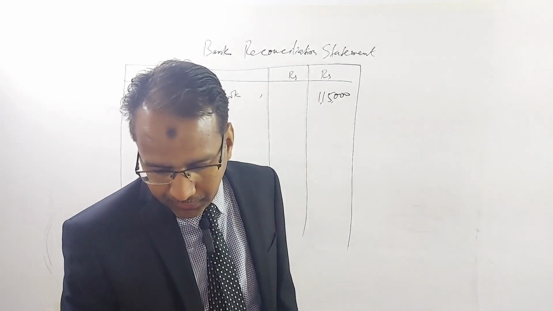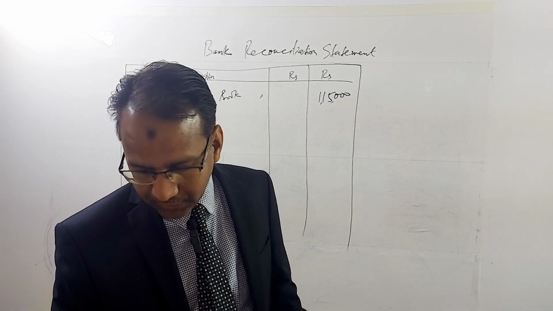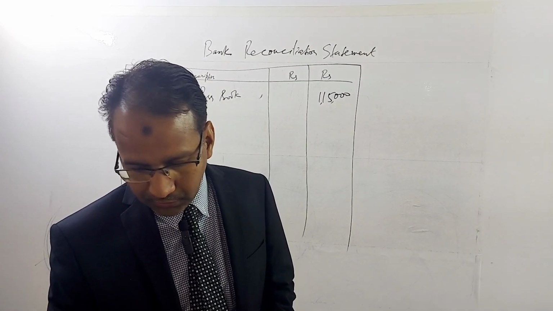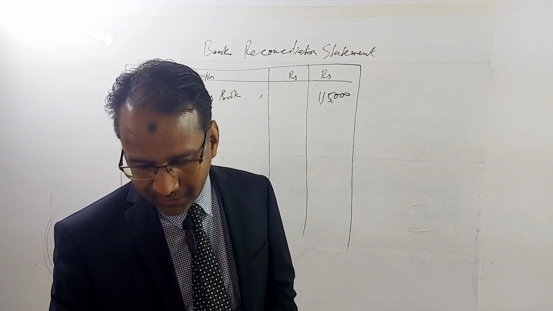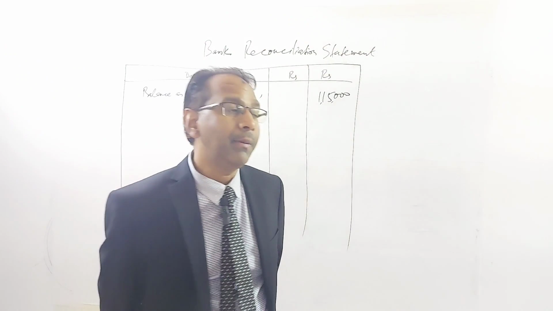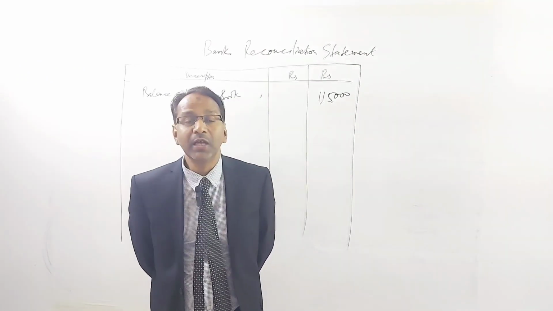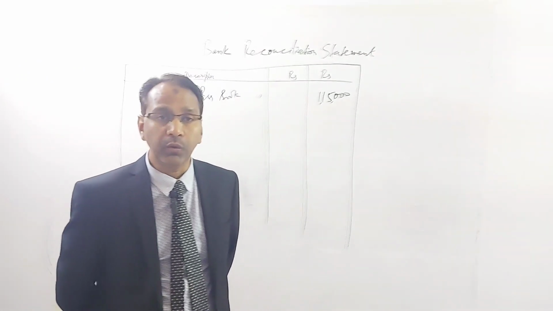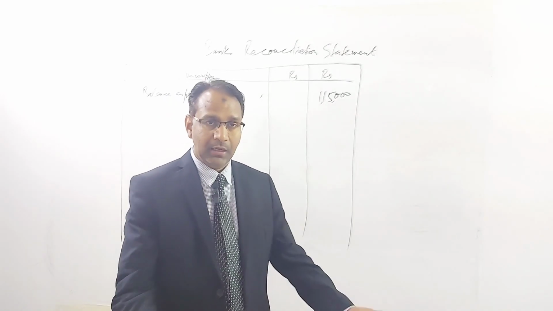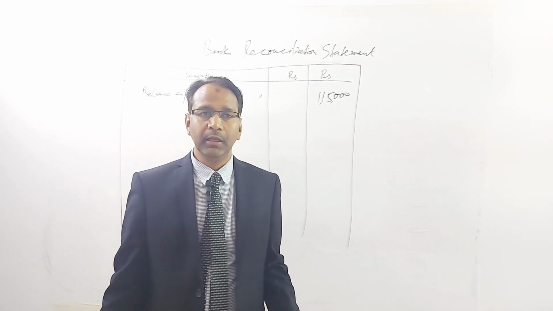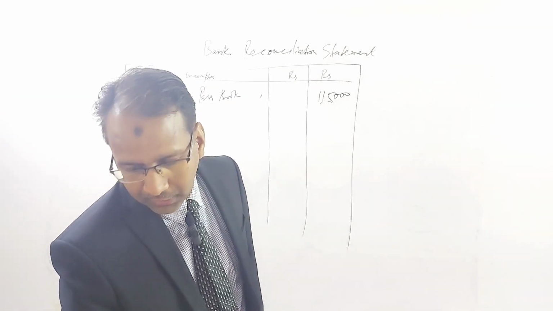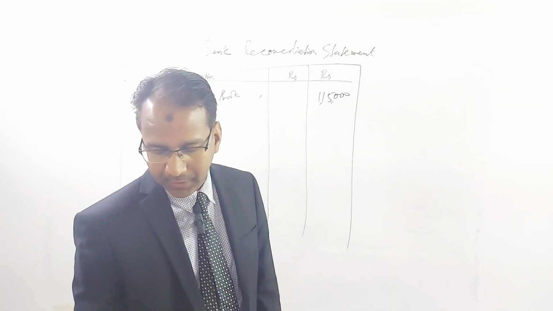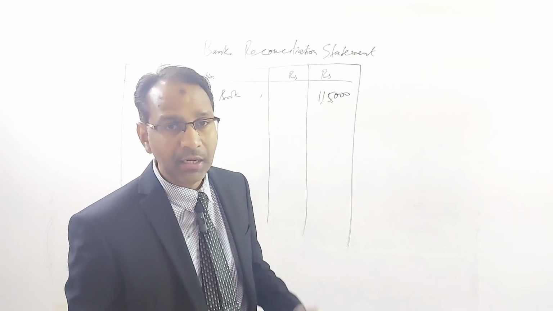When comparing the same with the cash book, we find that a check of 30,000 rupees, which was issued at the close of the year, was cashed in April 2020. The check of 30,000 rupees was issued by the company at the end of March, at the end of the year.